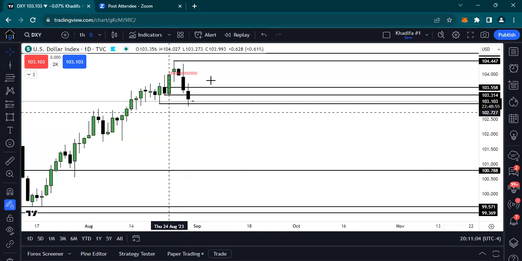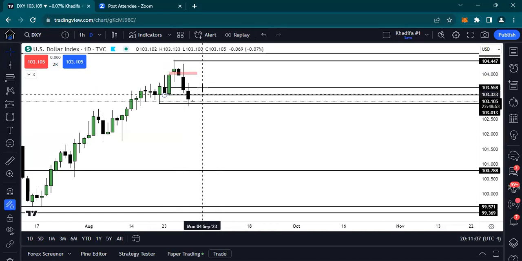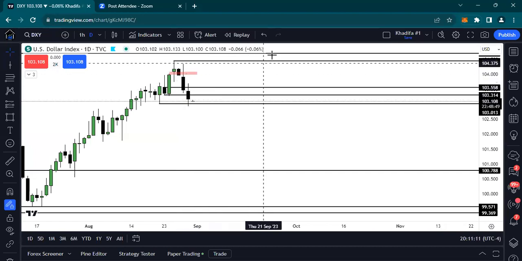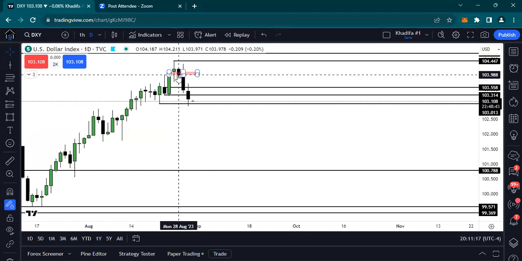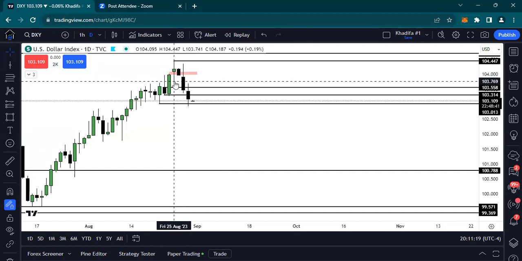Those are the two levels you see here, and this lower level is the weekly sell side liquidity. And Monday we got that close below.